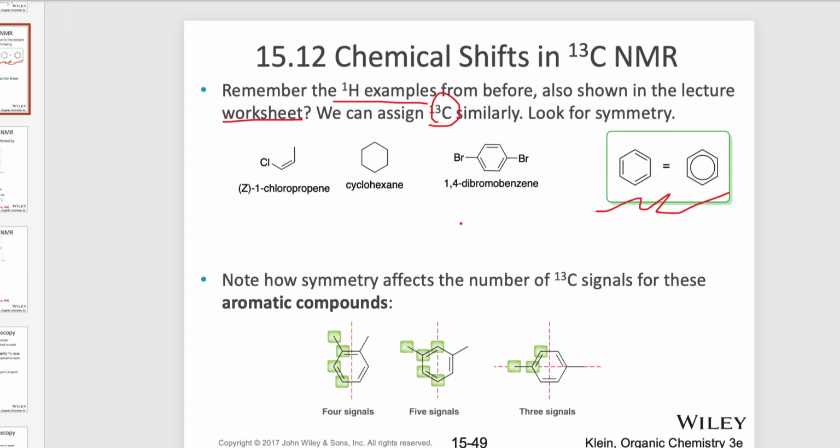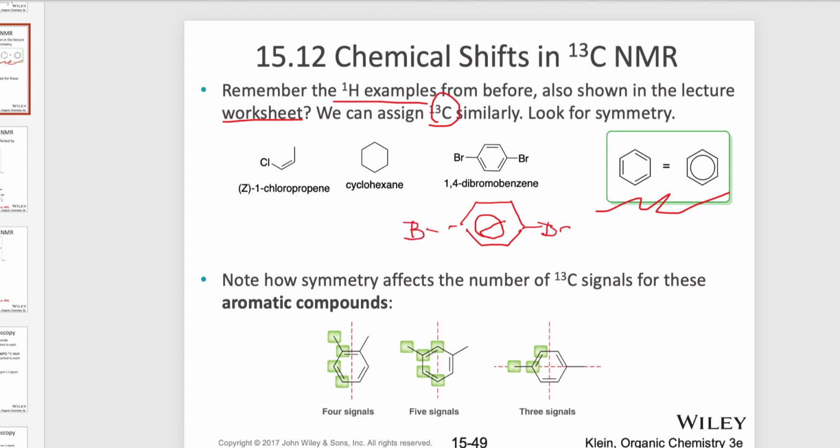So if we were to now redraw just one example, we can draw the aromatic ring. We put the circle inside, and then we have a bromine on the right and a bromine on the left.